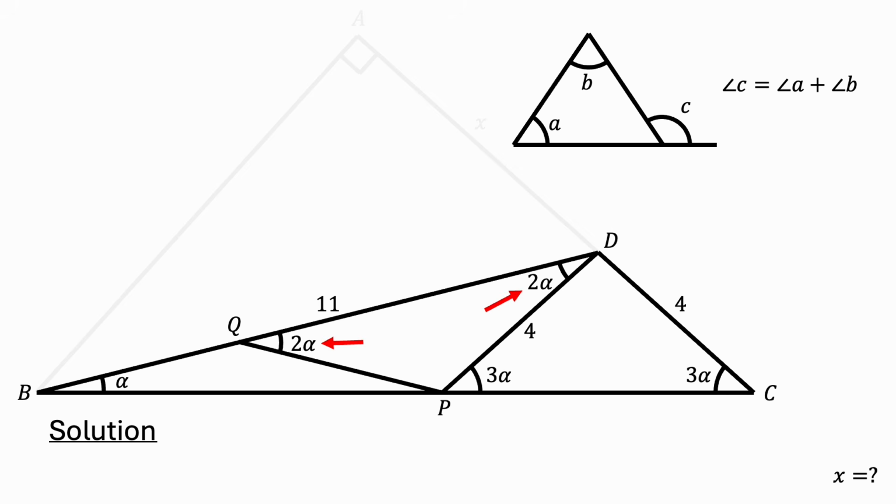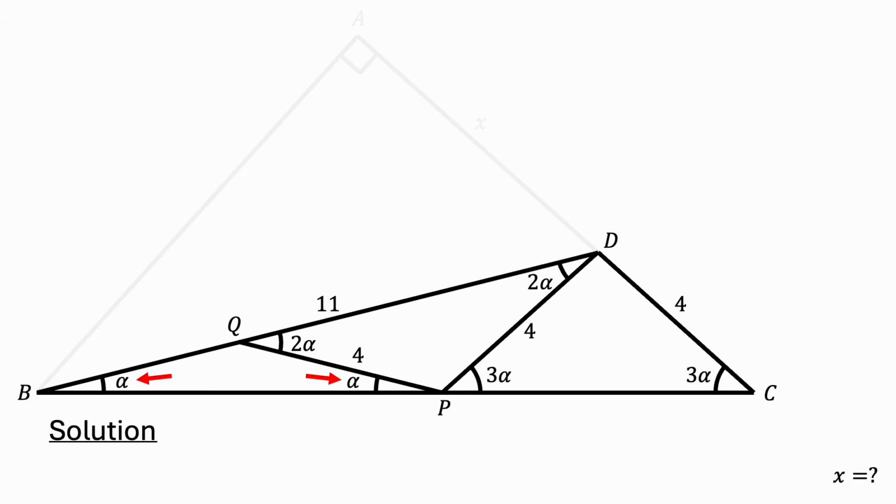Next, from P, construct PQ with Q on BD such that angle PQD equals 2 alpha. Since angle PQD equals angle QDP equals 2 alpha, triangle PQD is isosceles, so PQ equals PD equals 4. Similarly, angle PQD is an exterior angle of triangle BPQ. By the exterior angle theorem, angle BPQ equals 2 alpha minus alpha, which equals alpha.